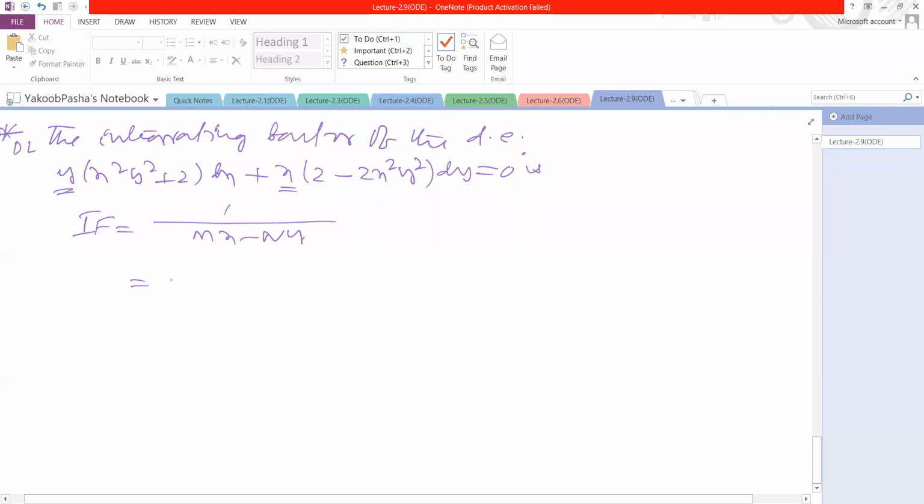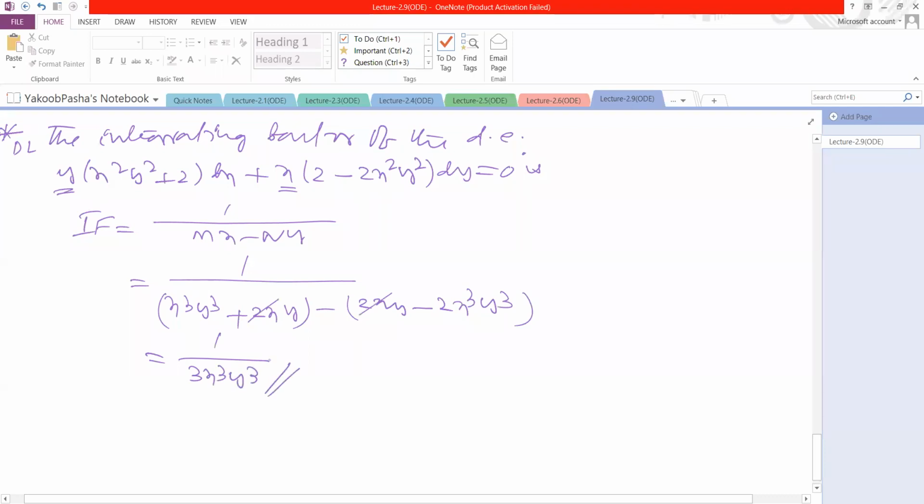So we get 1 divided by x cube y cube plus 2xy minus here we are multiplying with y. So 2xy minus 2x cube y cube. Here 2xy will be cancelled. 1 by x cube y cube minus of minus plus. This is equal to 1 by 3x cube y cube is the right option.